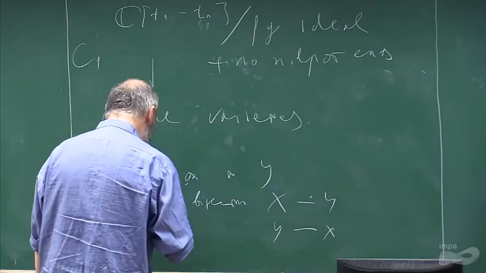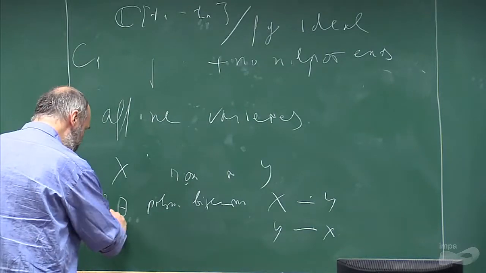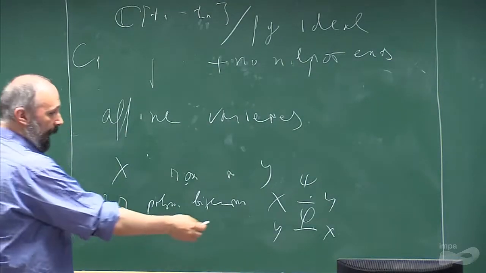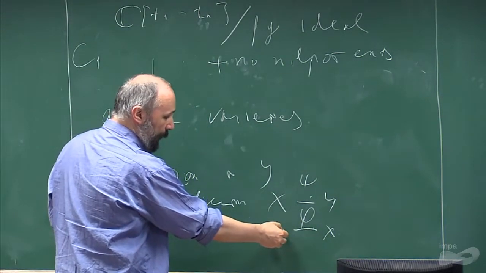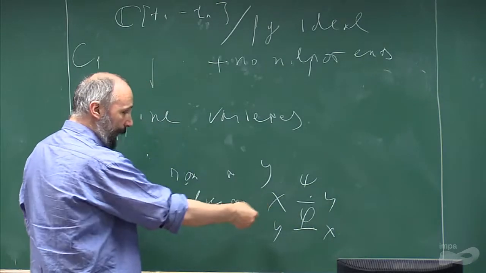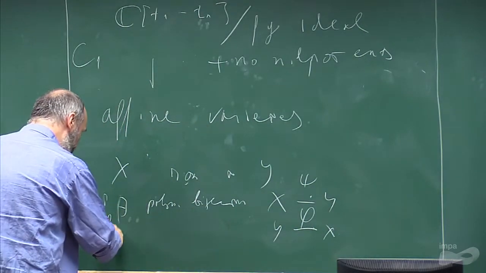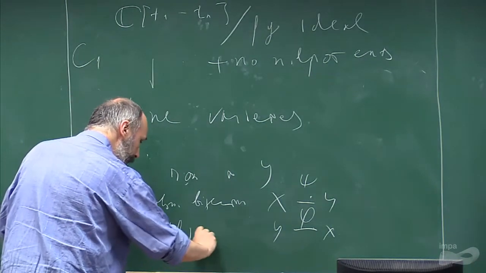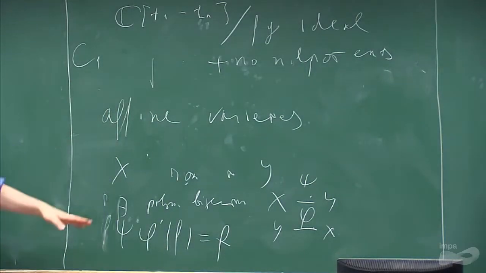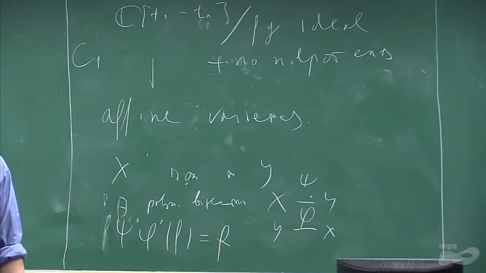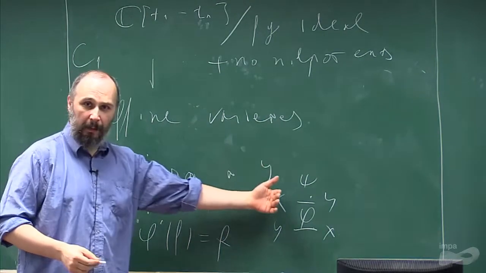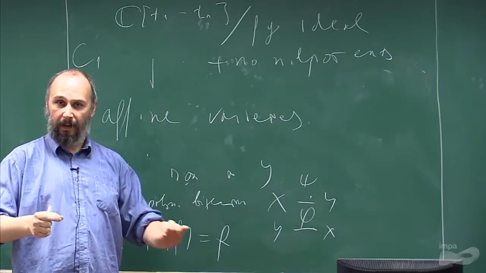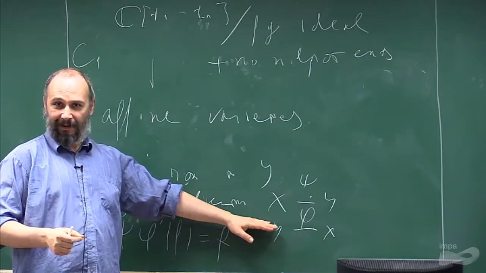And moreover, you have say psi here, phi here. Then you can start with a function, take its pullback to y, take its pullback to x again, and then psi star phi star of f is equal to f. So you have an invertible polynomial map which also induces isomorphisms on the rings of polynomial functions. This means that these are isomorphic.